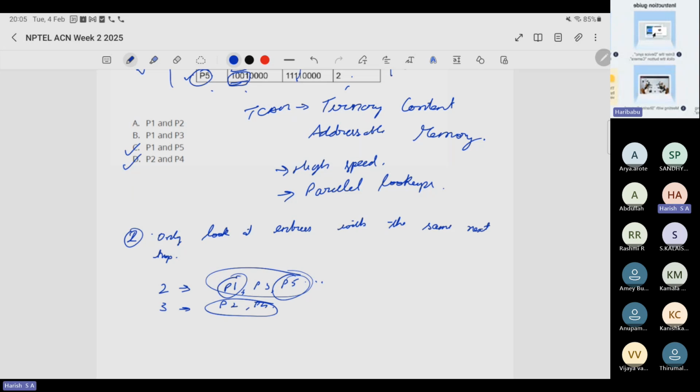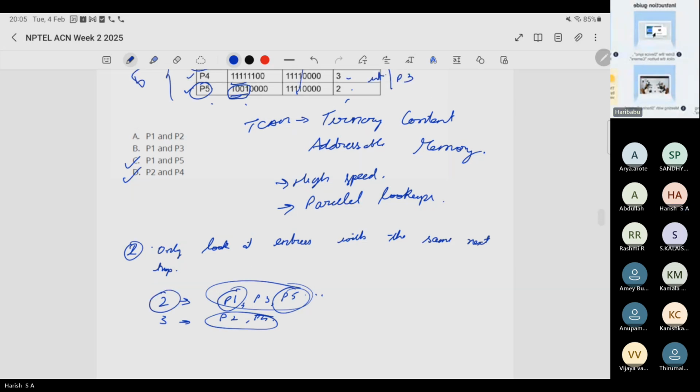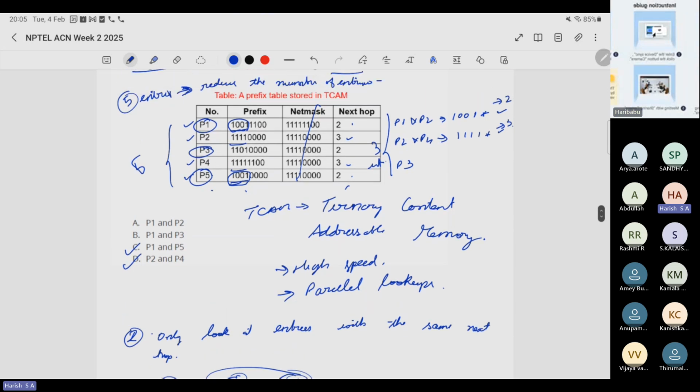So among next hop of 2, P1 and P5 have been combined because it doesn't matter what is there after that. You can always ask why am I not looking at these 2 bits? It doesn't matter whether there is 1 and 1 here or 0 and 0 or whatever. I'm anyway sending it to the next hop of 2 if the first 4 bits are 1001.